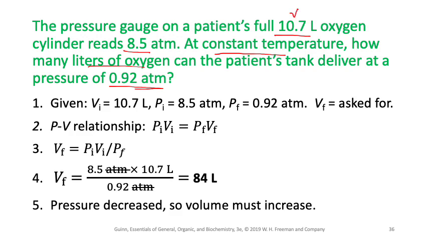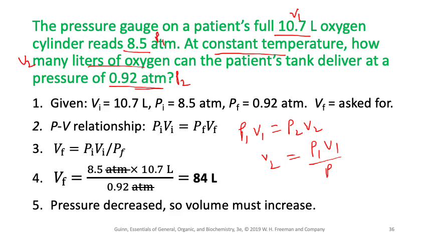This is your V1, this is your P1, and it says how many liters, that's your V2. You have to figure it out, and your P2 is 0.92. So you have to use P1 V1 equals P2 V2, and V2 is going to be P1 V1 over P2.